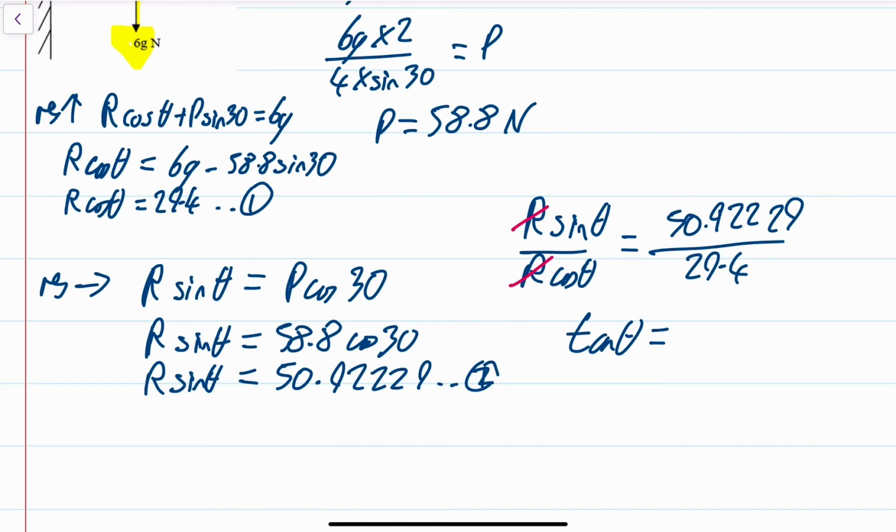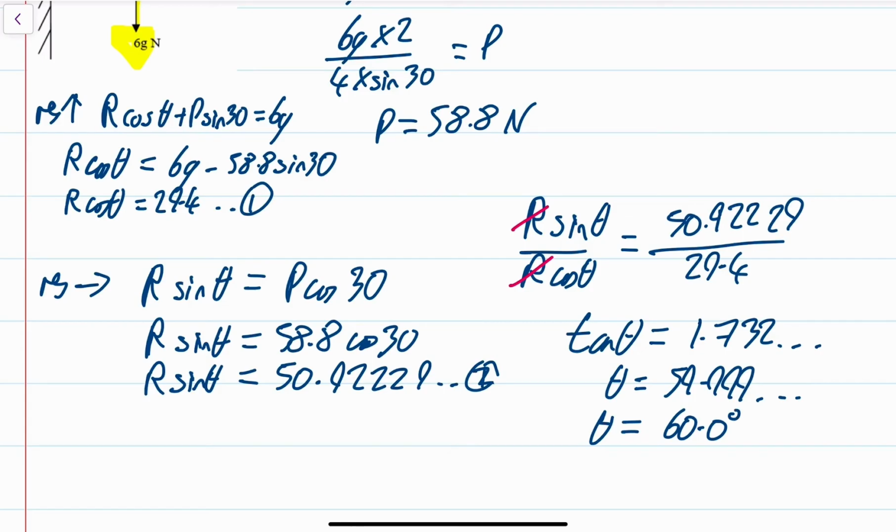So your tan is going to be equal to this thing, whatever that was, 1.732. And then my theta works out to be 59.99999. Had we done that really accurately, that clearly would have been 60 degrees, but 60.0 to 3 sig figs.